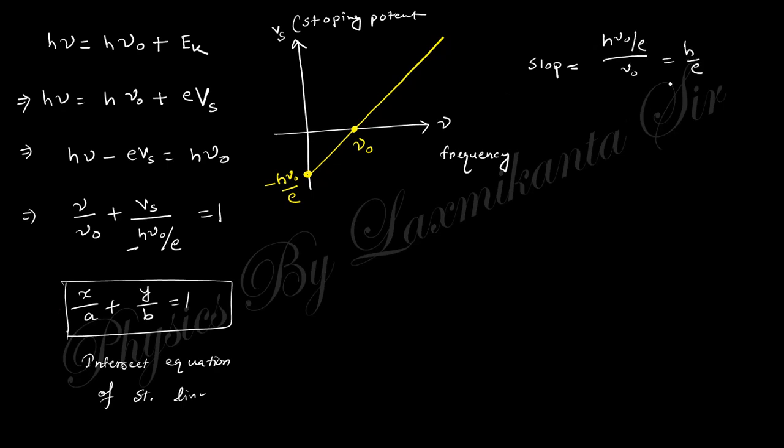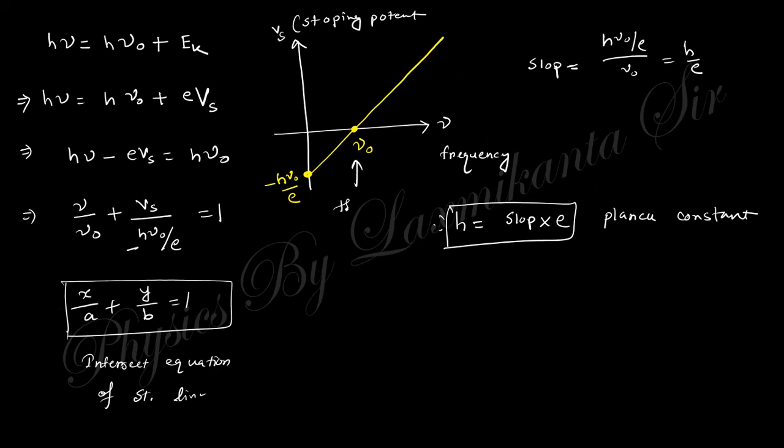So from the slope of the curve we can find the value of h. The Planck constant h will be the slope times e, the electronic charge. So the Planck constant can be found from this curve. You can also find the threshold frequency.